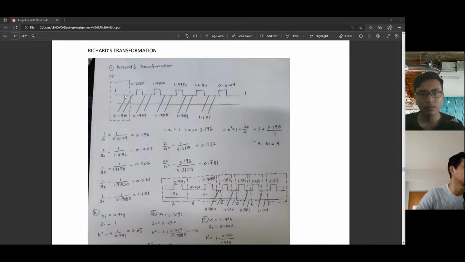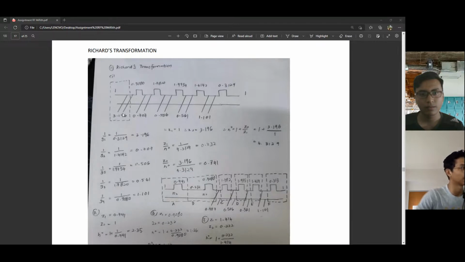So this is the shunt stub, and this is the series stub. This is the open circuit, this is the short circuit, and this is the open circuit. This indicates the inductor, and this indicates the capacitor.